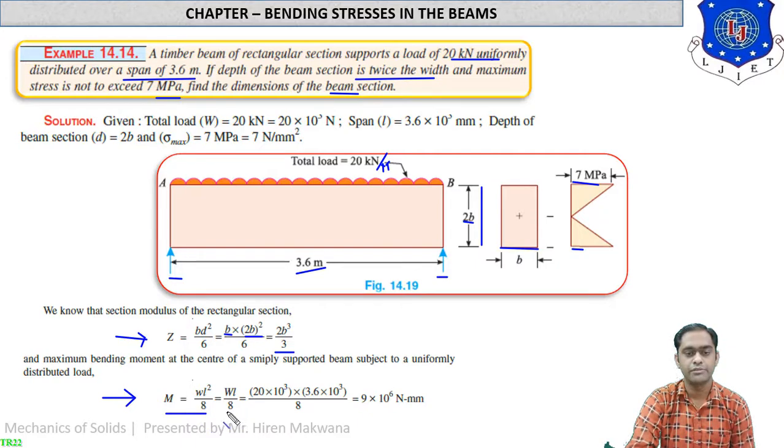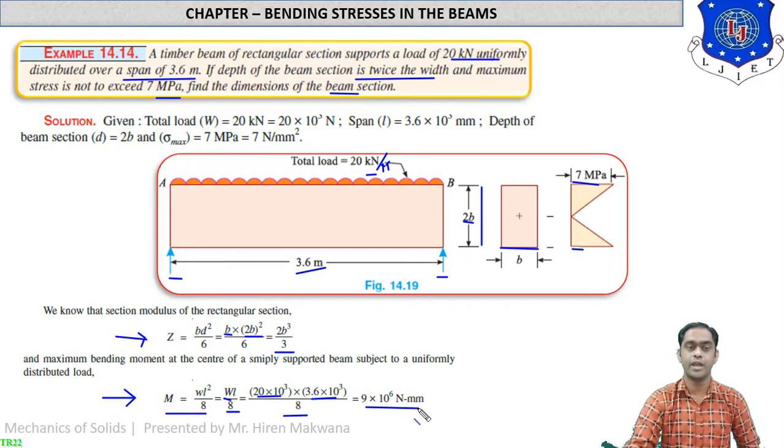So the final answer will give you W into L by 8. Here W into L becomes capital W, which is the total load 20 kN. So we can consider it like this, 20 into 10 raised to 3, or you can go with our usual method also. It will give the same answer. So length equal to 3.6 into 10 raised to 3, 8 will remain as it is. So the final answer is 9 into 10 raised to 6 Newton mm.